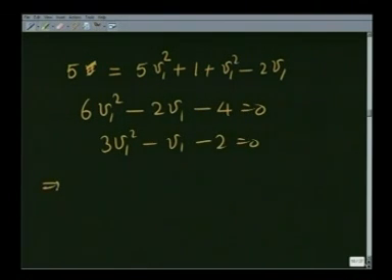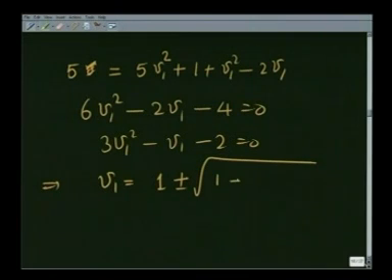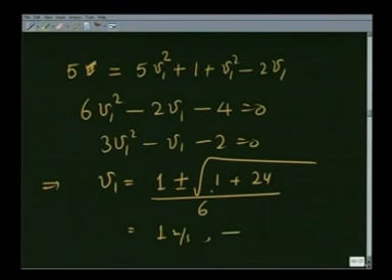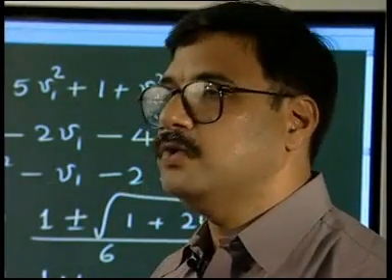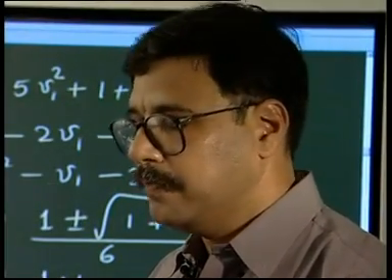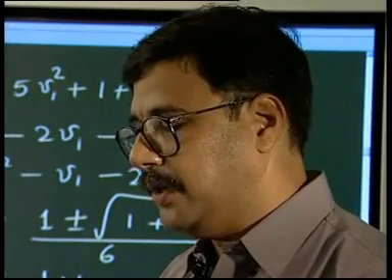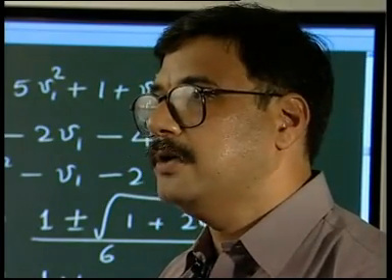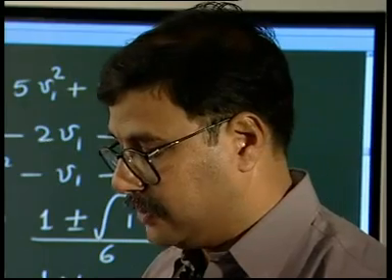0. This gives v1 equals 1 plus minus square root of 1 plus 4 times 6, that is 24, over 6, and that gives you either 1 meters per second or minus 2/3 meters per second. This is a trivial solution, as if the collision did not take place, and this is the solution of interest, in which particle 1 hits particle 2 and goes back with this much velocity.